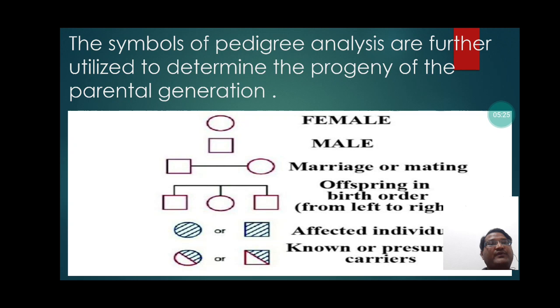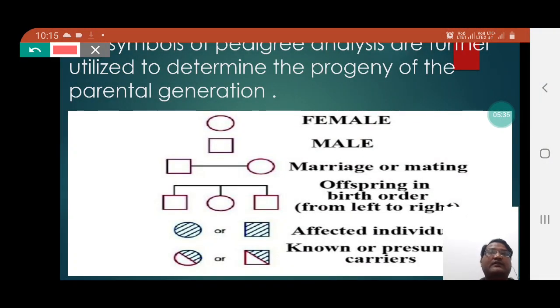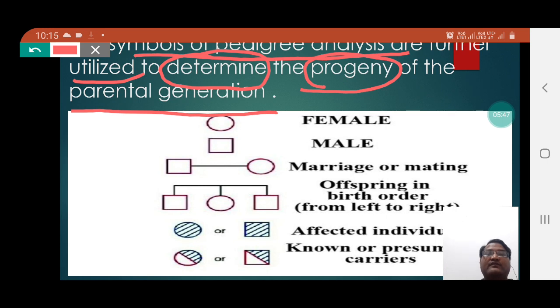The symbols of pedigree analysis are further utilized to determine the progeny of the parental generation. Students, the symbols are very important, because they are used to find out the children of a particular parental generation.